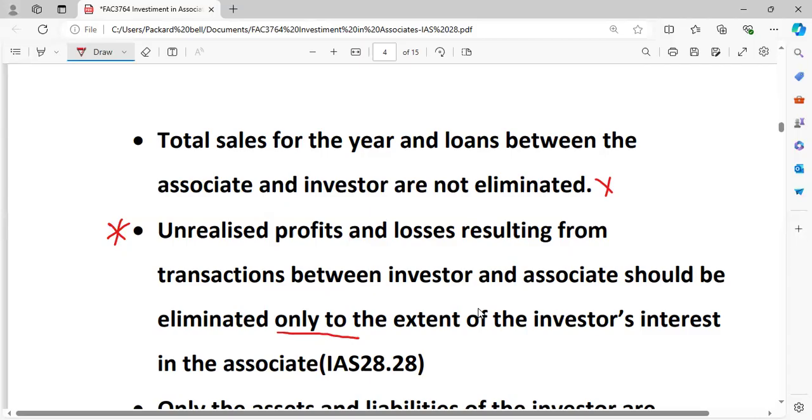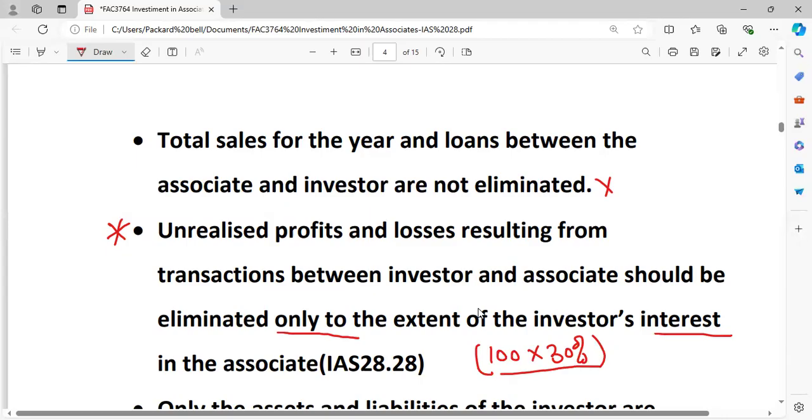So based on International Accounting Standard 28, we only eliminate to the extent of the investor's interest in the associate, which means if the unrealized profit is 100 and the investor's interest in the associate is 30%, you are only going to eliminate this 30%. That's another key area that you should look at, which means we don't eliminate the full amount. We eliminate only to the extent of the investment in the associate.